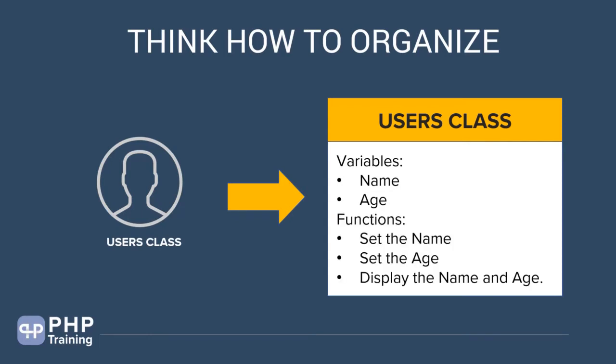Then you have functions like set the name, set the age, display the name and age. So here you're not combining other objects' details into this object. This class only defines variables and functions specific to that class. If it's users, then you're talking only about name and age and some other details of that user, and functions are basically the methods operating on those variables, specific to that users class. Okay, that's how you have to organize your code into classes.